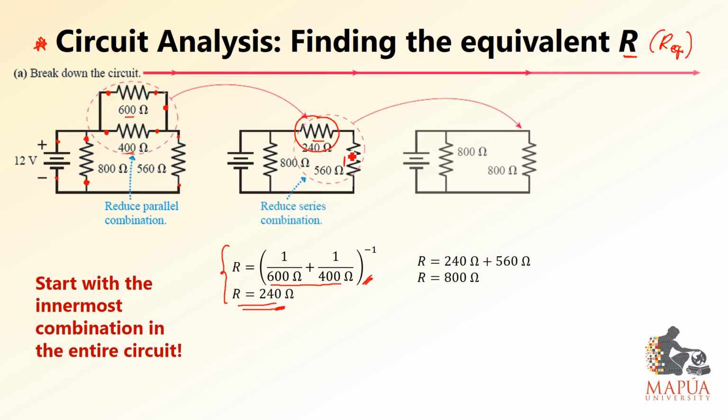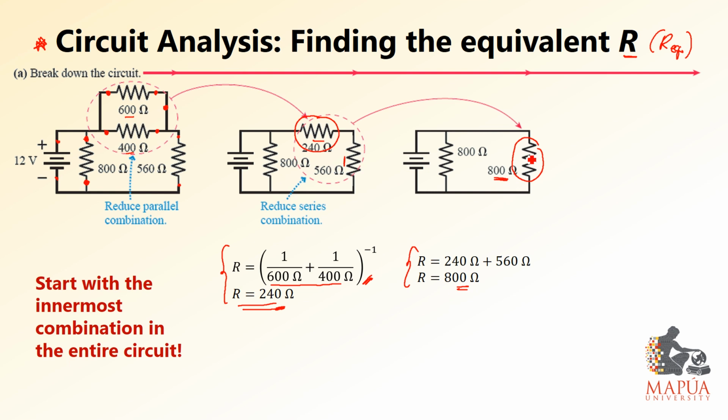We're going to reduce this series combination to produce an equivalent resistance. So this combination of the 240 ohm resistor and the 560 ohm resistor, by combining them with this equation, we end up with an equivalent resistor with a resistance of 800 ohms.